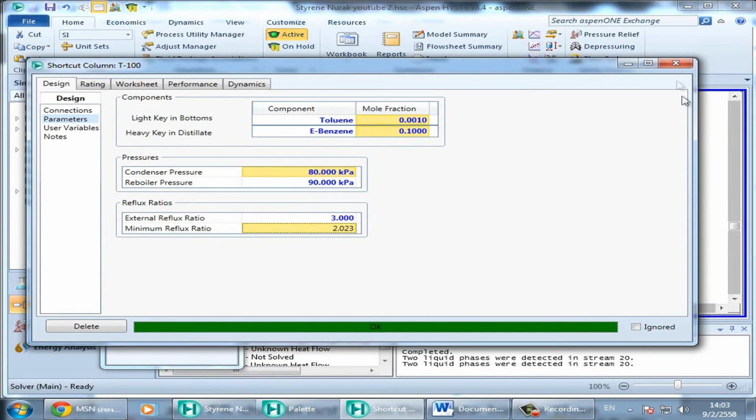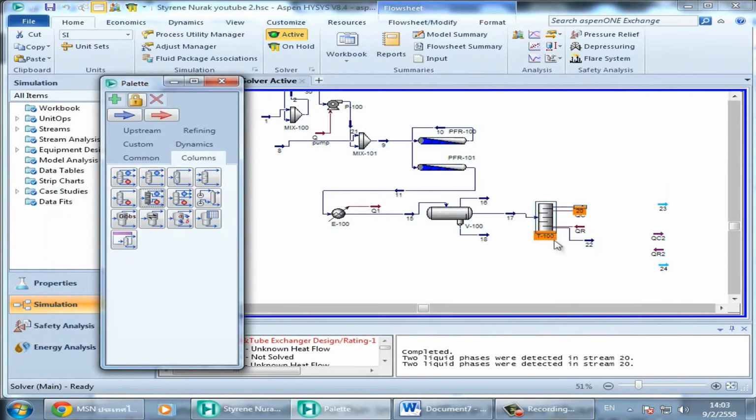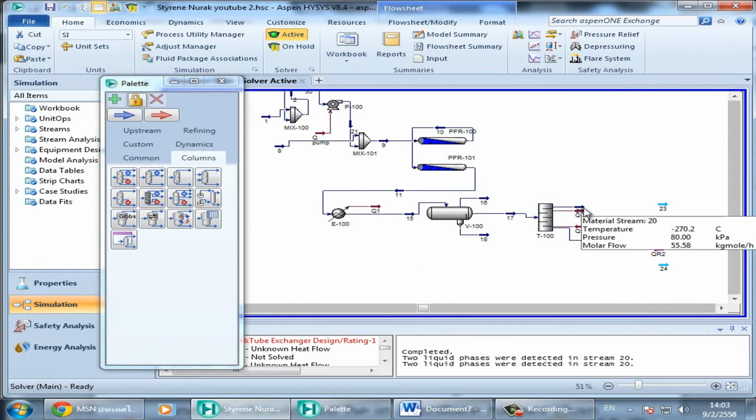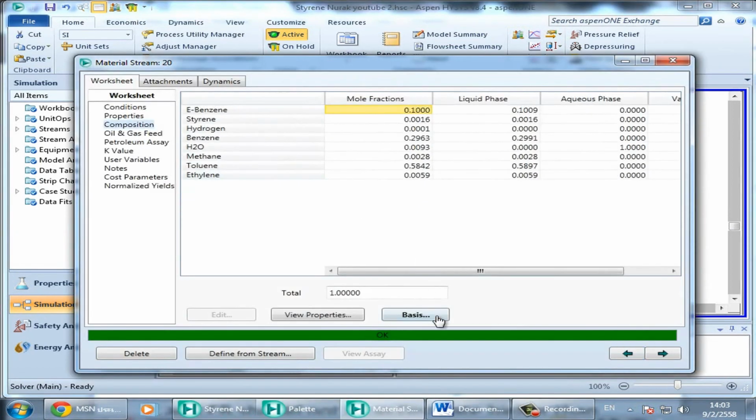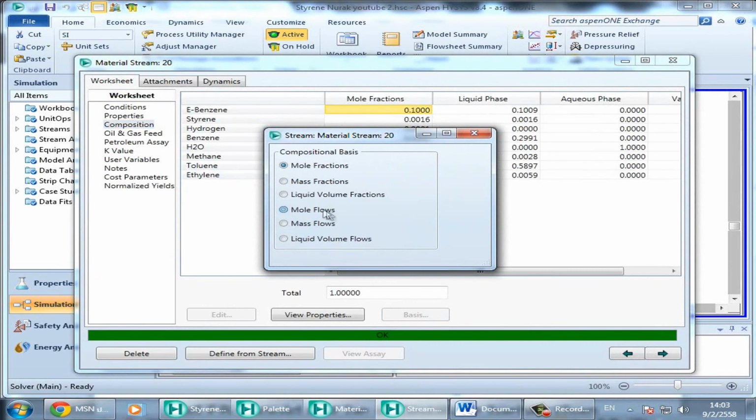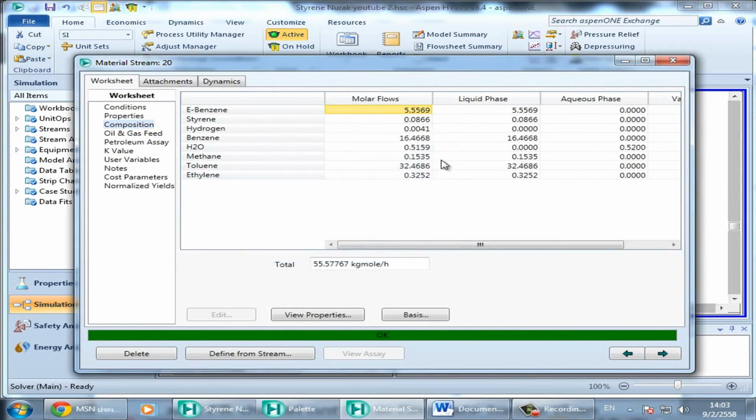Enter. Then what I get from the first column is to separate benzene and toluene out.